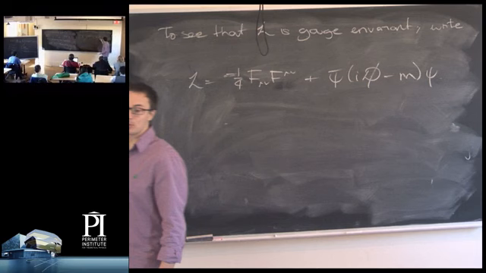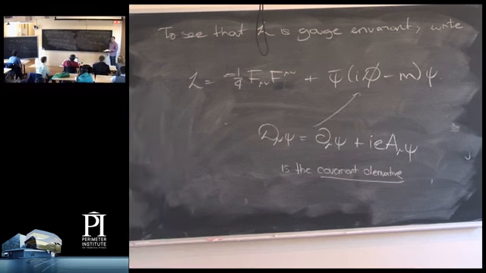And this guy here, remember the slash just means it's a vector that's contracted with gamma indices. It is defined in the following way. It's called a covariant derivative.